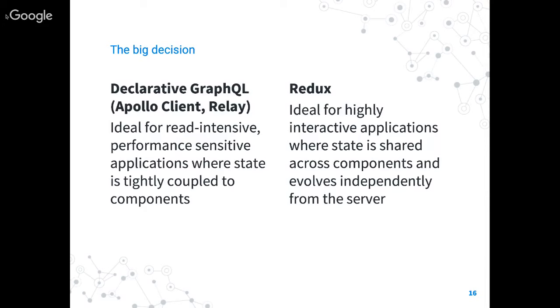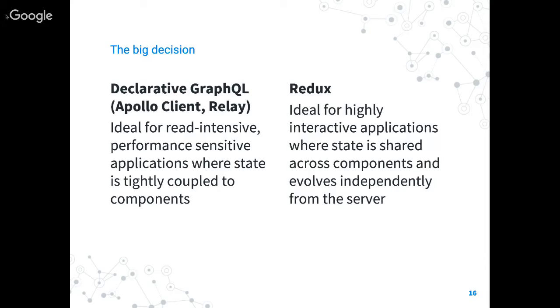As soon as your state and components are not tightly coupled, as soon as you want to share state across lots of components, that's where Redux really shines. Like in the engagement panel I just showed you, when you have a highly interactive component where state is being shared across different components, and this is an important thing too, when you're dealing with a lot of client-side state, I find that Redux really shines.